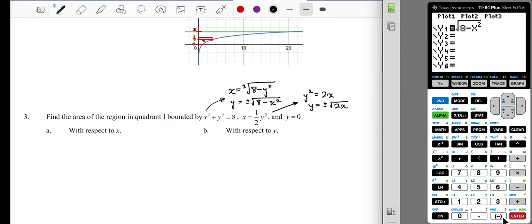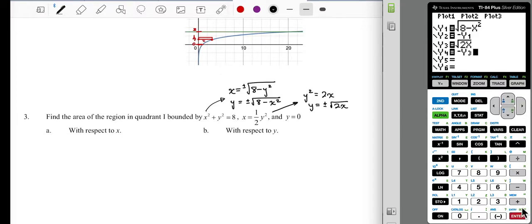I'm going to use a little nifty shortcut, negative, and then alpha trace y1, so the negative of my equation in y1. X is equal to 1/2 y squared. Can't graph that in the graphing calculator, but I can graph y is equal to the square root of 2x. And I could also negate that, so negative y3, alpha trace y3.